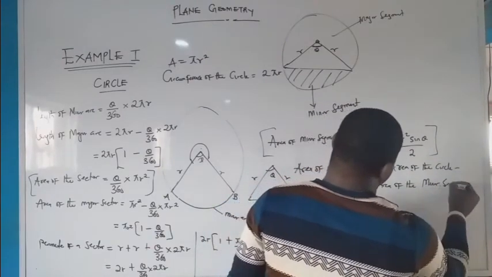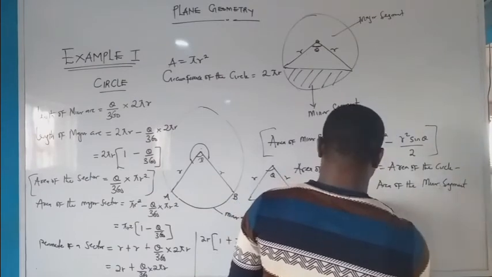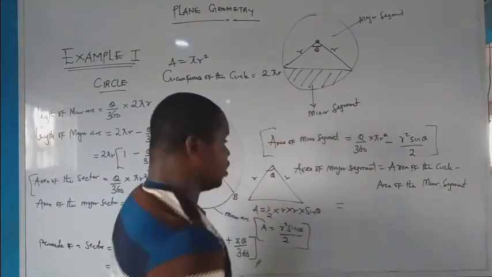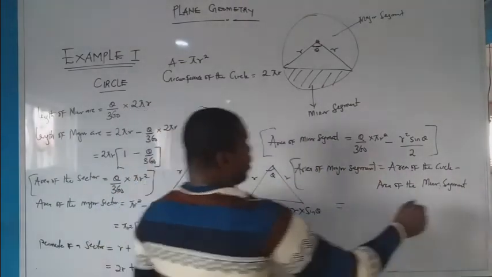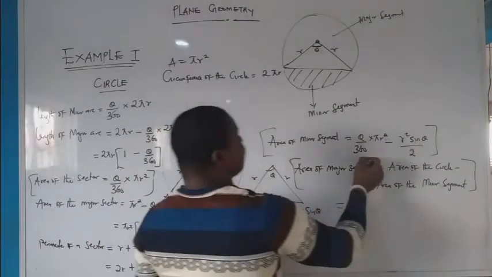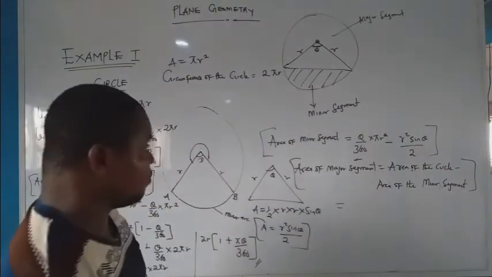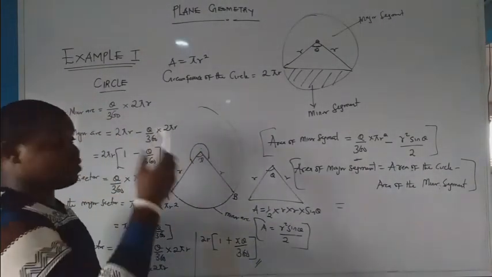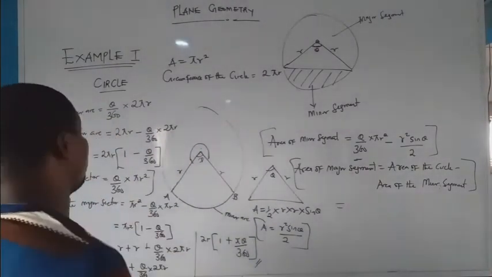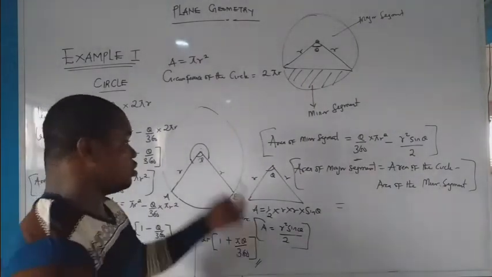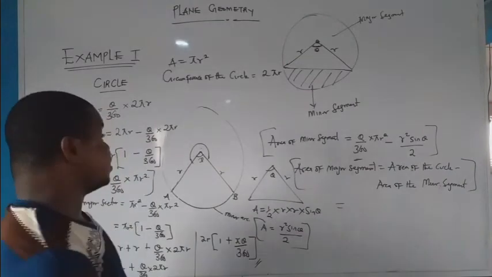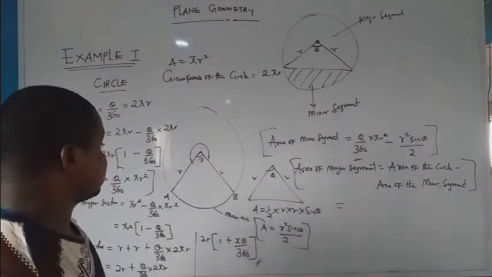Is that clear? The area of the circle is pi r squared, while the area of the minor segment is the formula we have above. So these are the formulas you need to apply when you are solving any question on sector, segment, length of an arc, and so on.